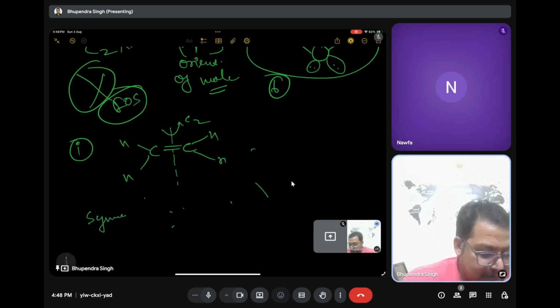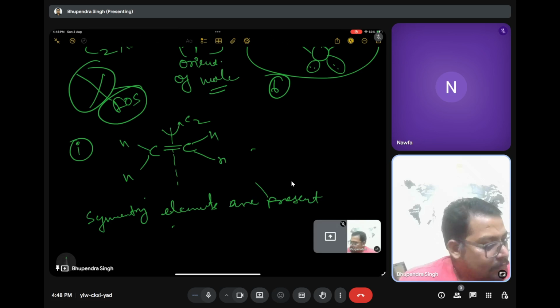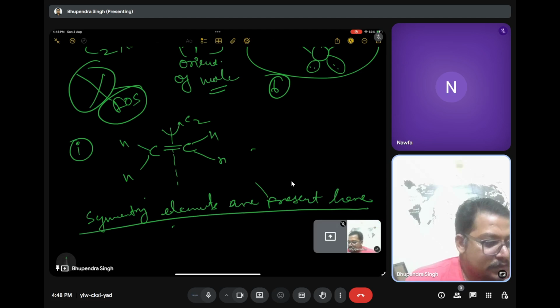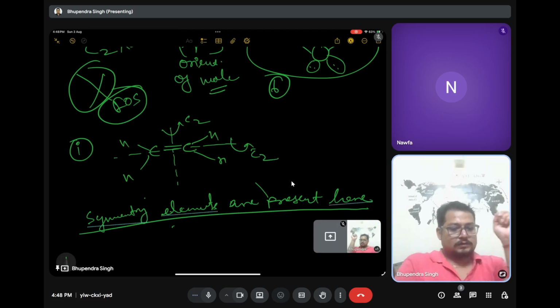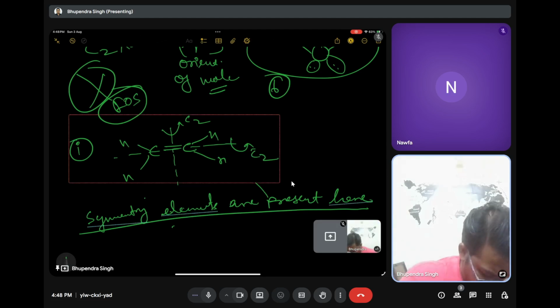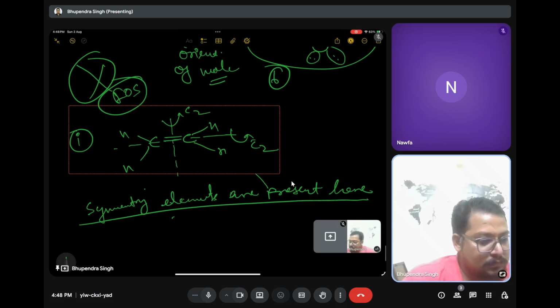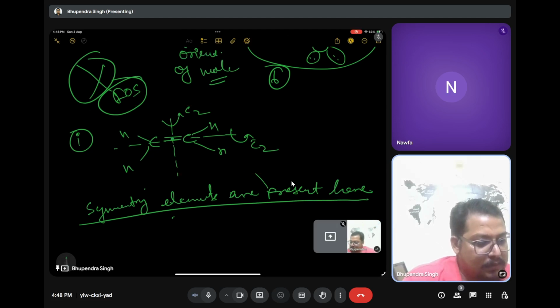This C2 is present here. This C2 is present here. And from the Z axis, C2 is present here.